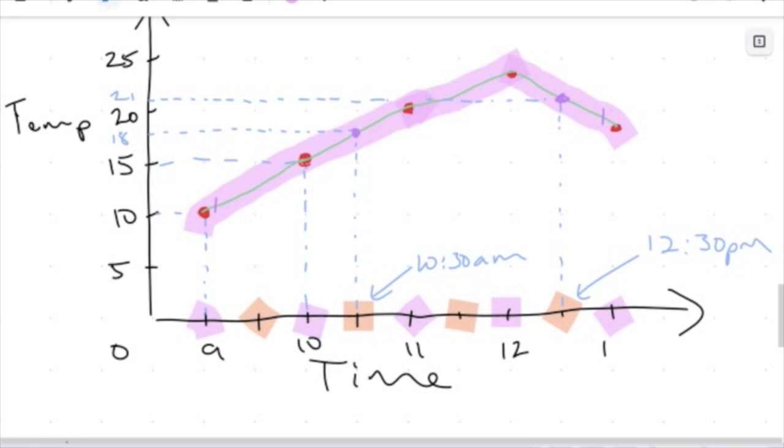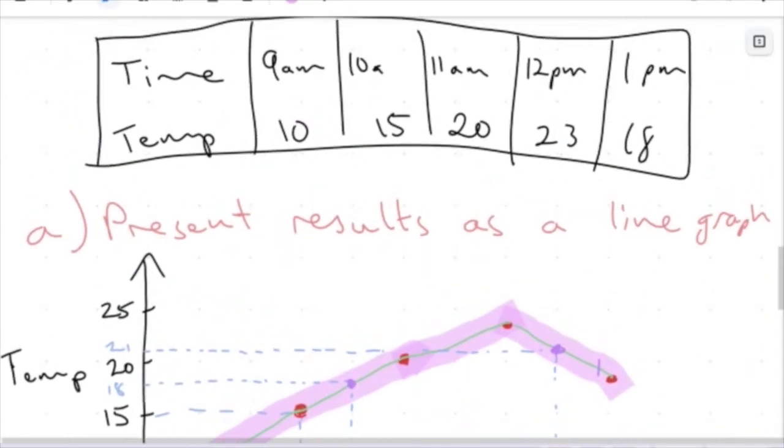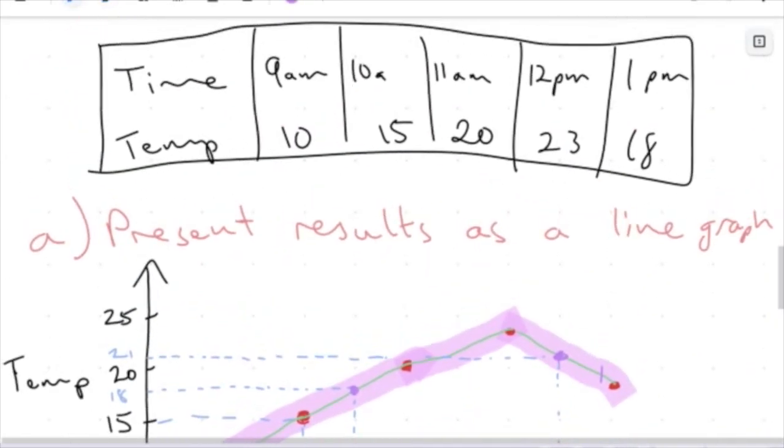But that is how we can draw a line graph based on two types of data collected. Here we are collecting data for temperature, one continuous numerical variable, at different times, another continuous numerical variable.